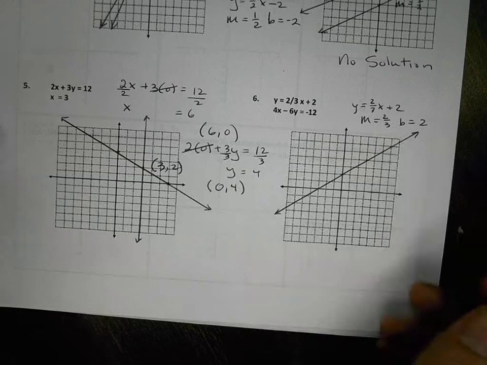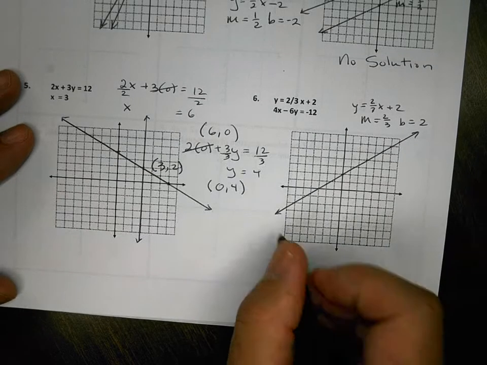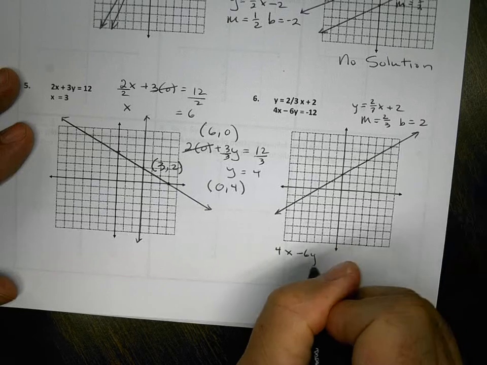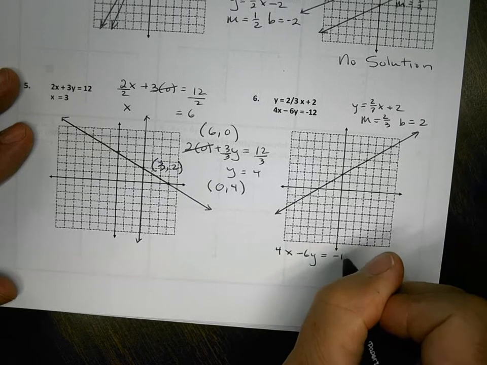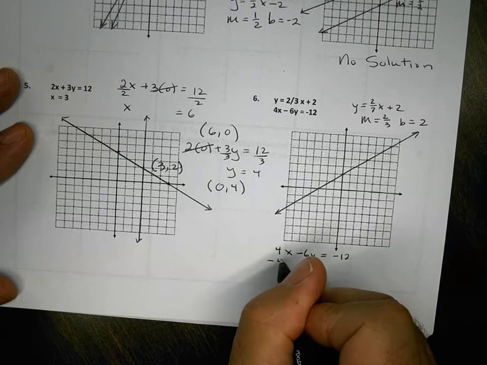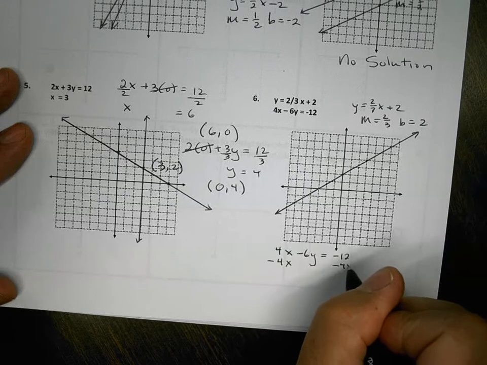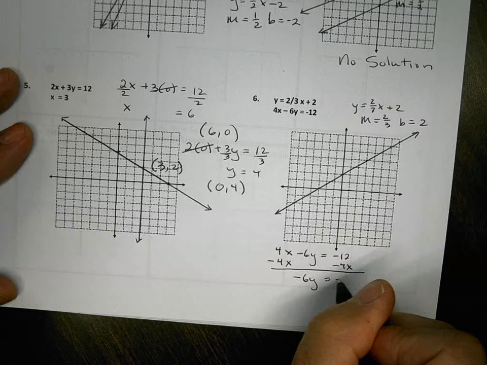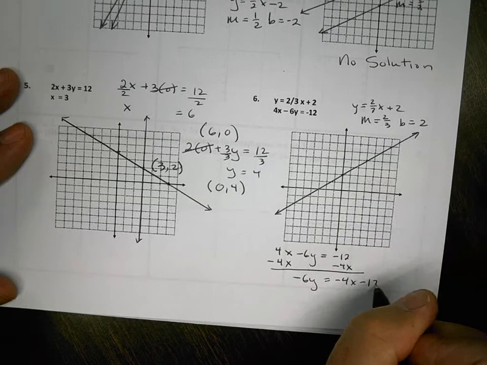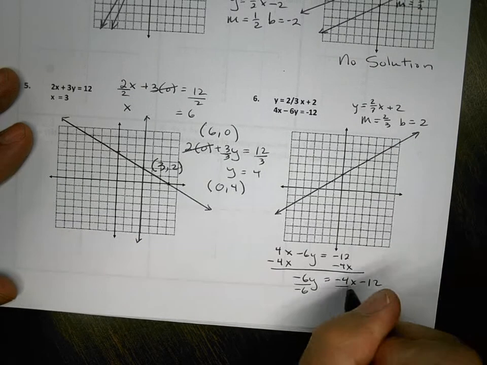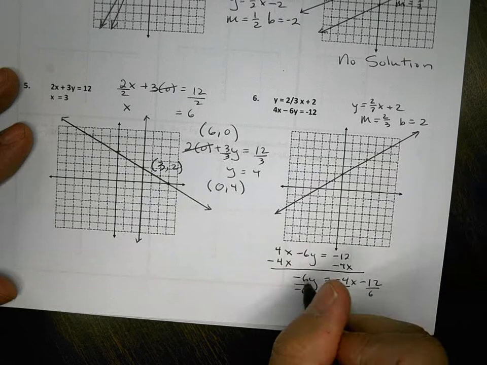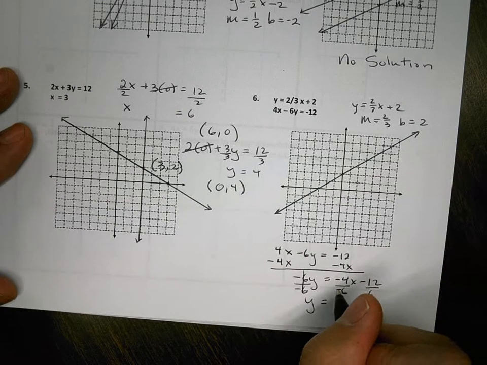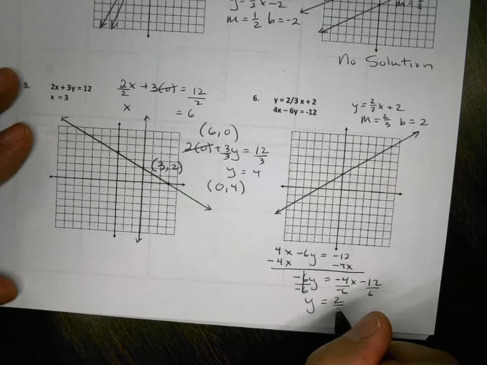And then taking the other line, let's go ahead and put this in slope-intercept form, just for practice, by subtracting 4x from both sides. That gives us negative 6y equals negative 4x minus 12. And then dividing everything by negative 6 to get y by itself, we get y equals negative over a negative is a positive. 2 goes into both of those.